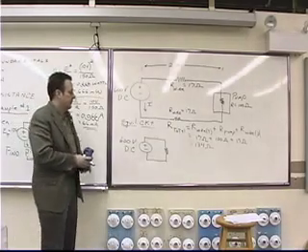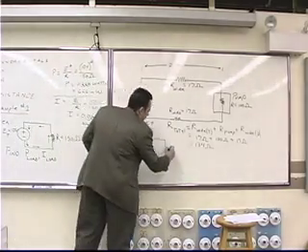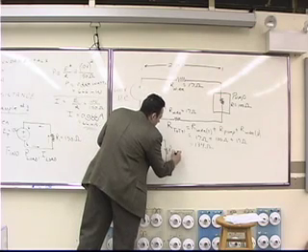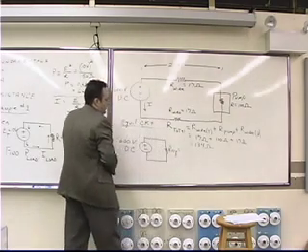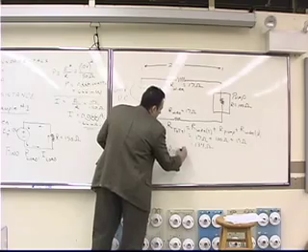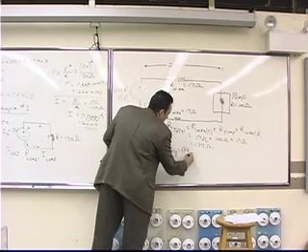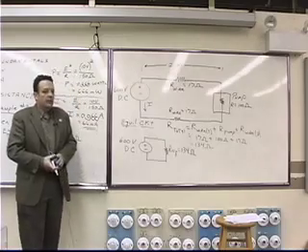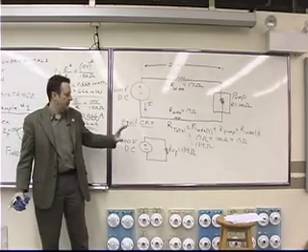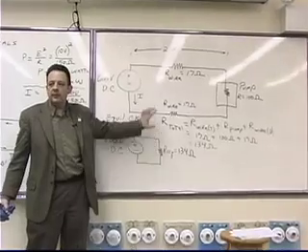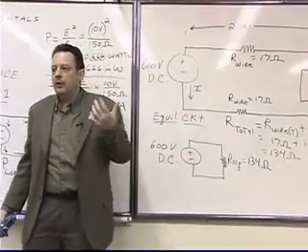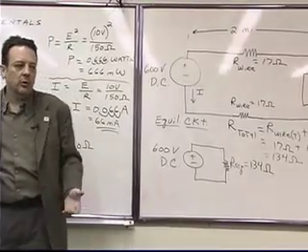And so what would the value of this equivalent resistor be for this circuit? 134 ohms. Do you see how much easier it is to analyze this circuit than this circuit? This circuit's smaller, there are fewer components, it's just less work.